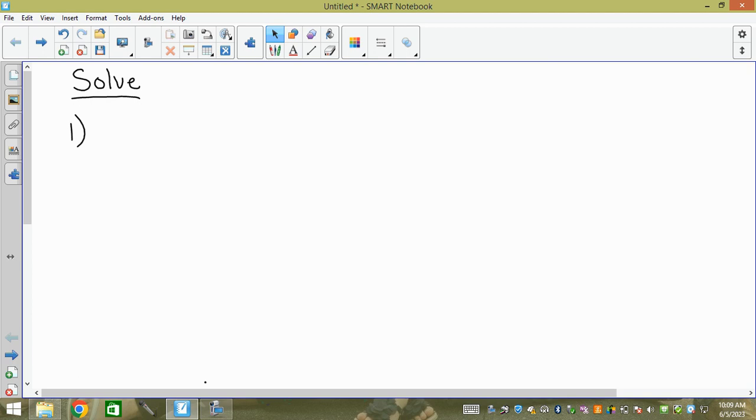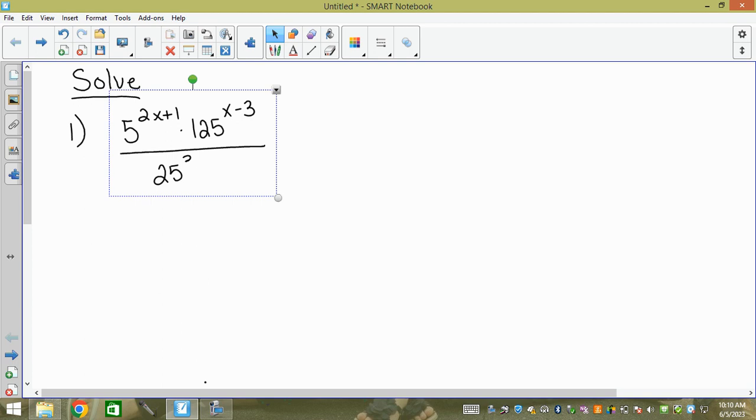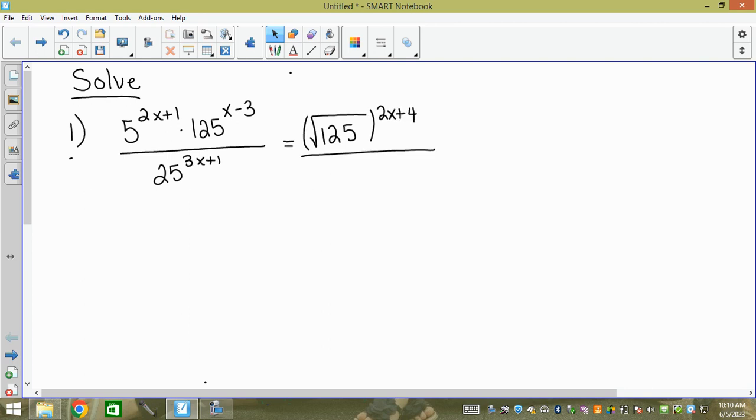You have to try and do them yourselves. What's your first solve? Your second solve is like this.